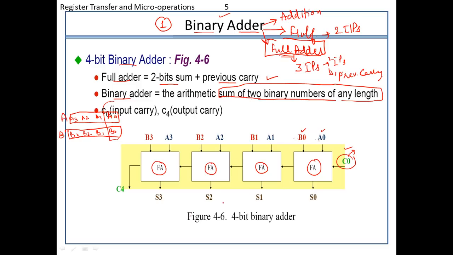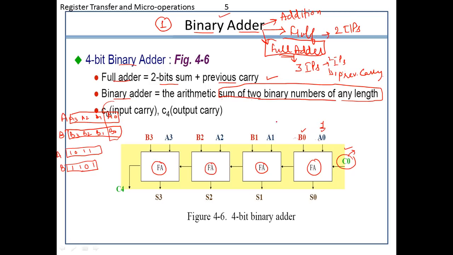This is how I have presented it. Let's suppose the example here is that in the A register, the data stored is 1011, and in register B, I am taking any random data, let's suppose it is 1101. So how A0, B0 and all these will be described.